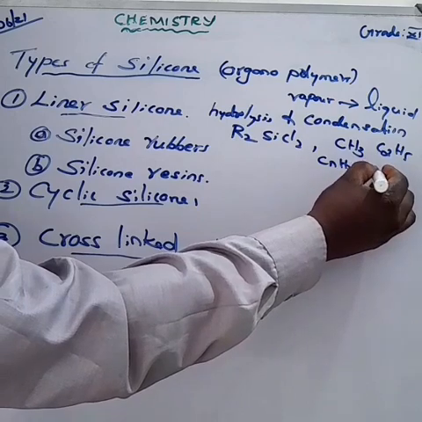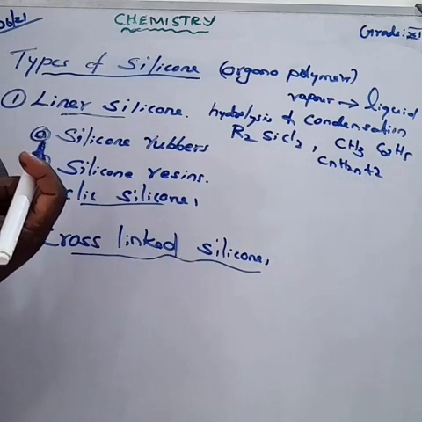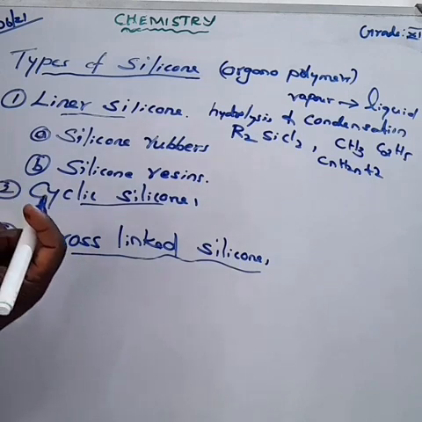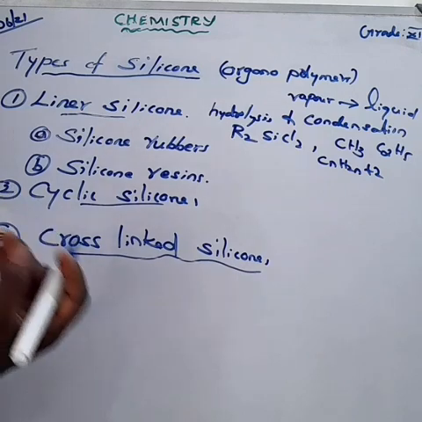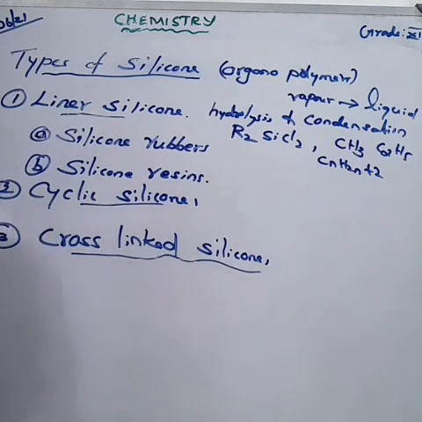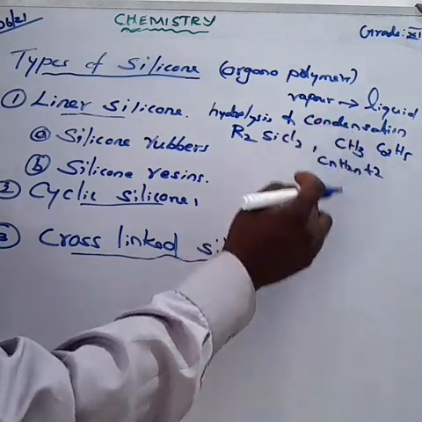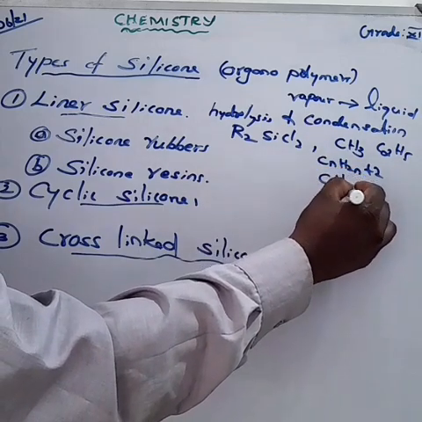CnH2n+2. Here, examples: methane, formula CH4. What about ethane? CH3CH3. This is the alkane group.